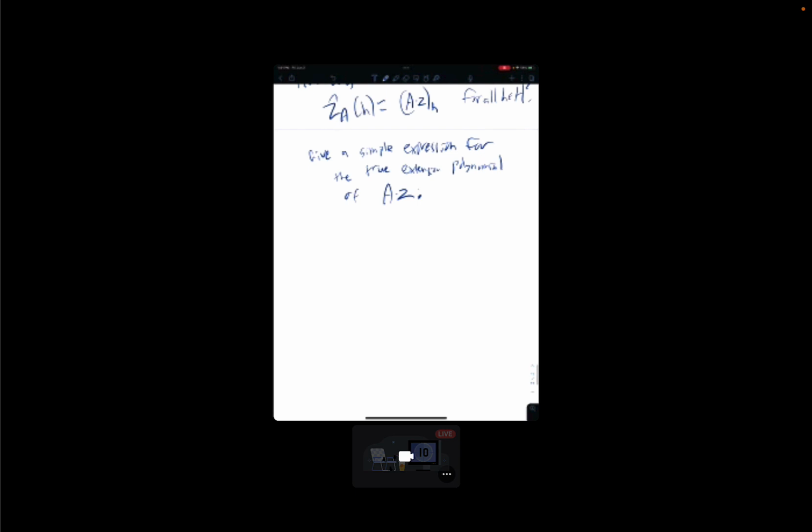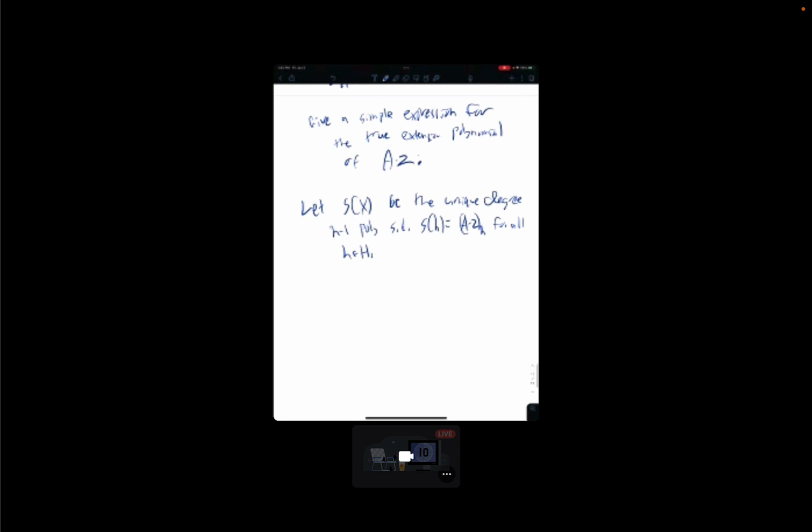So yeah, let me give that a name. The true degree n-1 extension of AZ, let me call it S. So let S of X be the unique degree n-1 polynomial such that S of little h equals A times Z hth entry for all nth roots of unity little h.